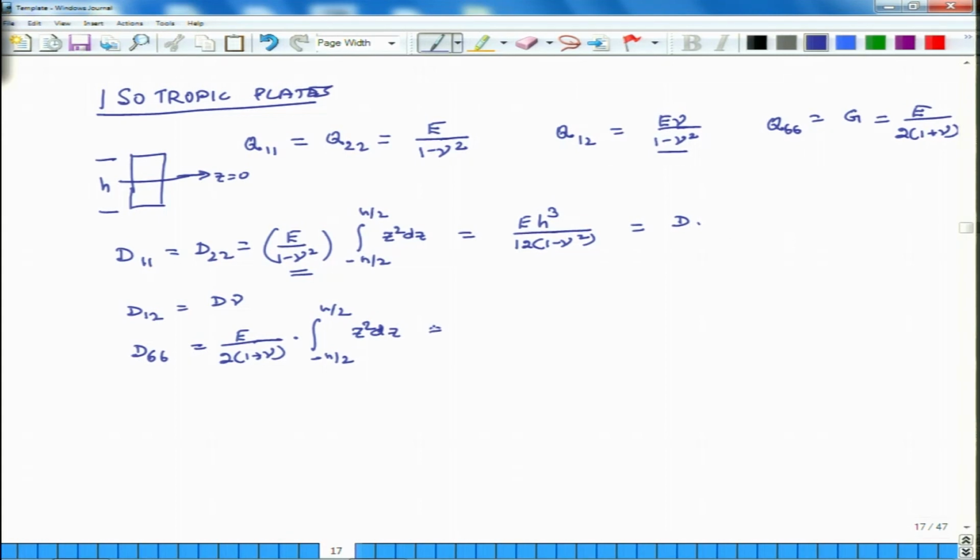So, this is equal to E h cube over 24 times 1 plus mu.